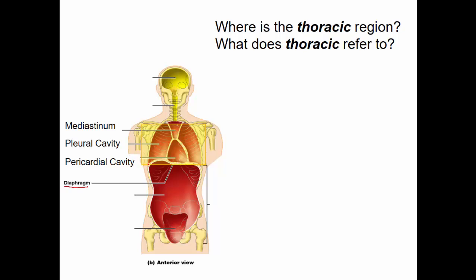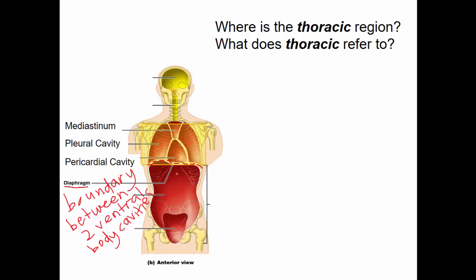So right kind of where it's in between, where it's shaded that maroon color, would be the diaphragm. And the diaphragm is the boundary between the two ventral body cavities. So everything superior to the diaphragm would be a part of the thoracic body cavity.